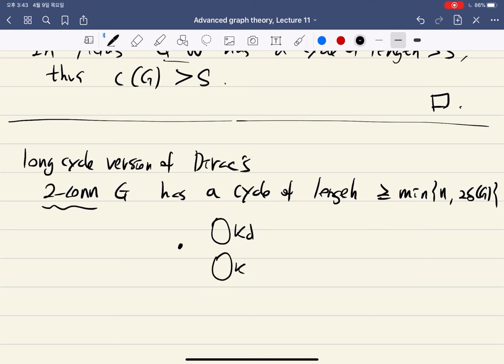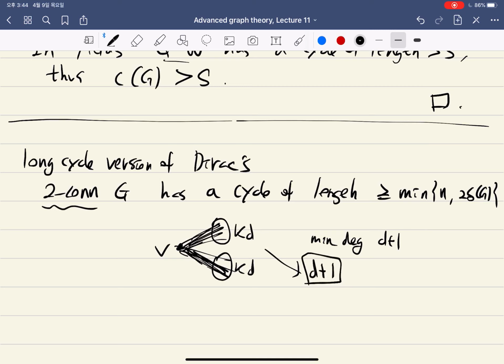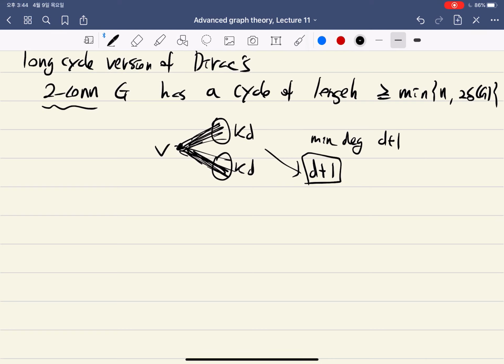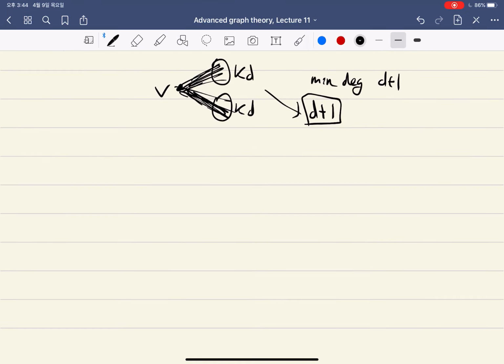Say this is K_d, and you add all edges between this B and D. Then the minimum degree is d plus 1, while the longest cycle here has length t plus 1. So in this case this doesn't hold, so we add this two connected condition to ensure that this holds.